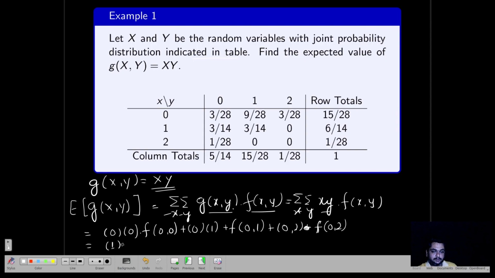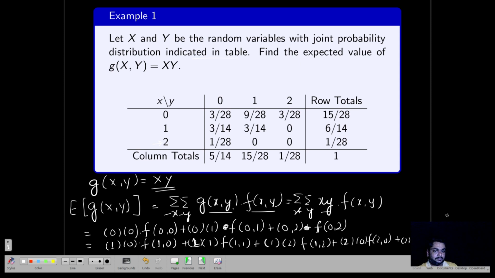Now 1 into 0 into f of 1 comma 0, plus 1 into 1 into f of 1 comma 1, plus 1 into 2 into f of 1 comma 2, plus 2 into 0 into f of 2 comma 0, plus 2 into 1 into f of 2 comma 1, plus 2 into 2 into f of 2 comma 2.